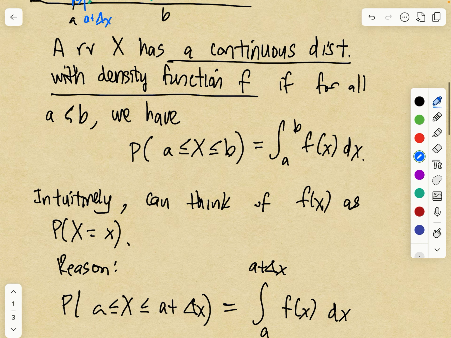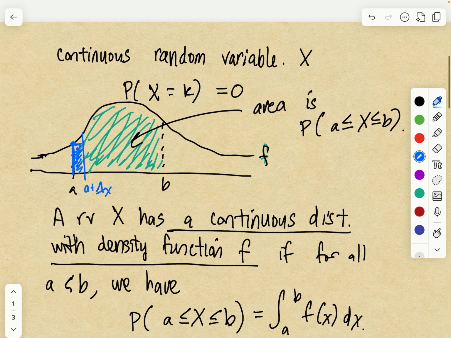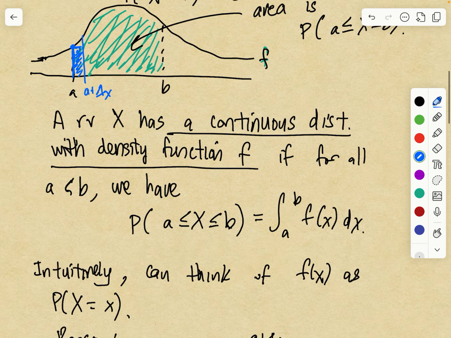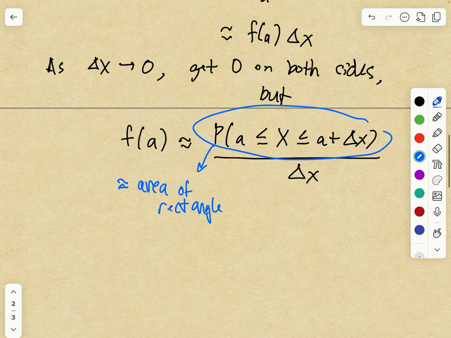So yeah, that's the closest you can get to thinking of f of a as the probability that x is a.